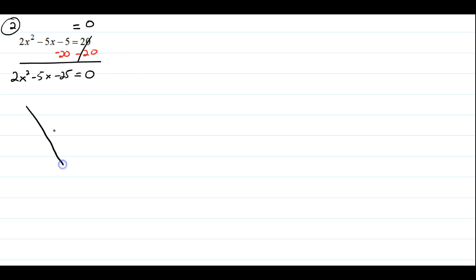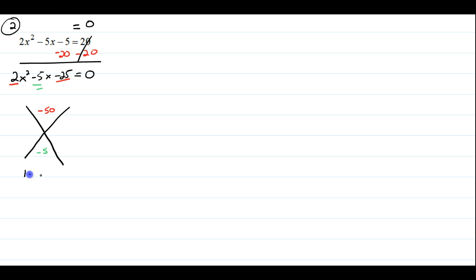So start with your x. What number goes on top? That'd be 2 times negative 25, which gives us negative 50. What number goes on the bottom? That'd be negative 5. And so what I want you to do now is write out all the factors of 50.